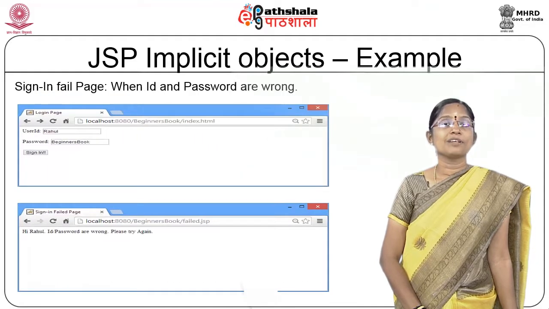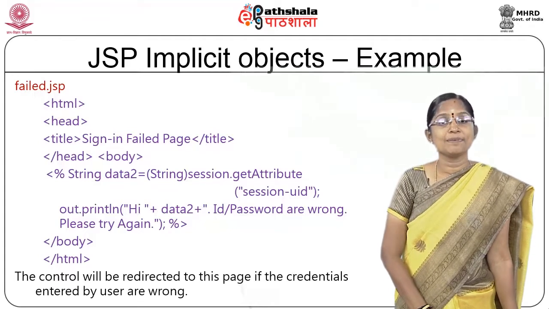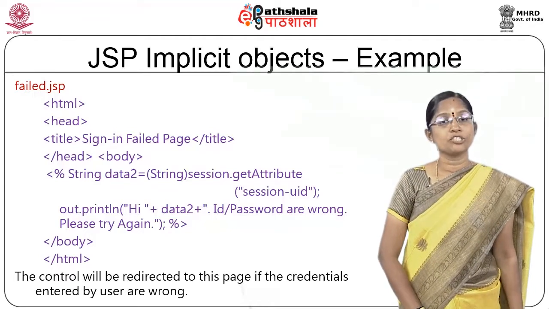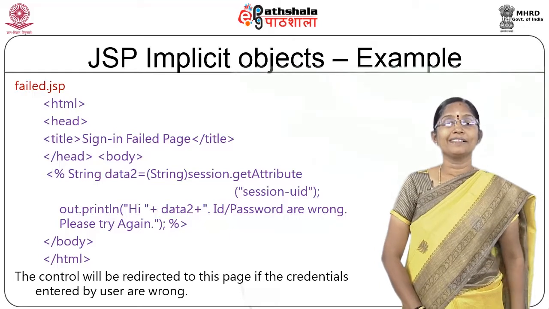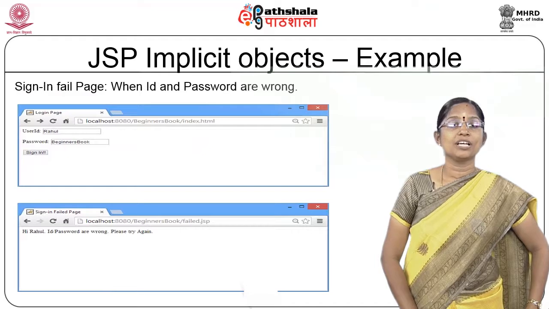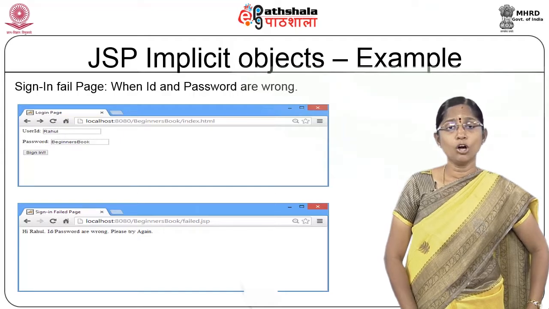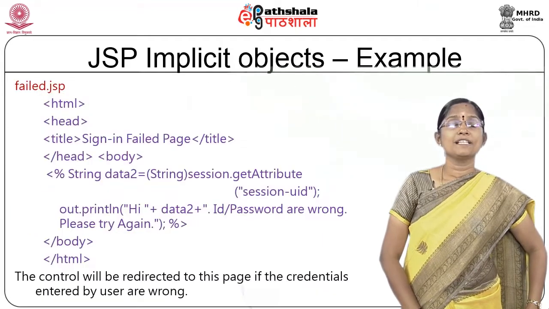Suppose the password is not equivalent, then obviously it goes to failed.jsp. In failed.jsp, again the user ID has been captured through the session, but it has been concatenated with the password-is-wrong message. So, you can see the message: hi, the password is wrong, please try again.